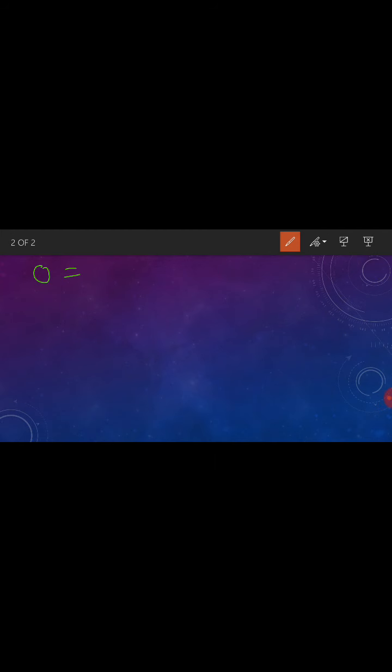0 equals to 16 plus 4 in bracket m minus 6. So 0 I kept here like this only. 16 will be as it is. Now open the bracket with the help of 4. Now 4 is having plus sign, so sign will not change.